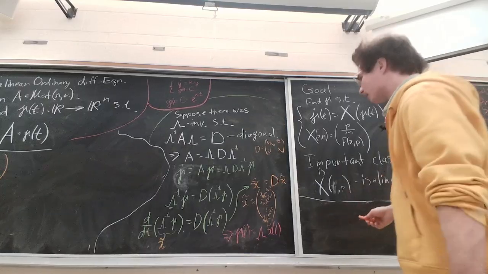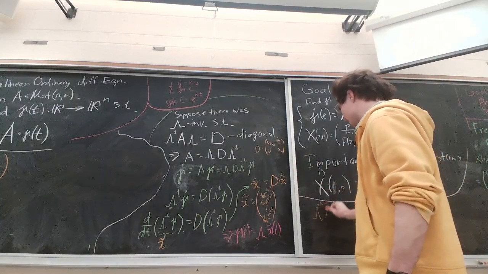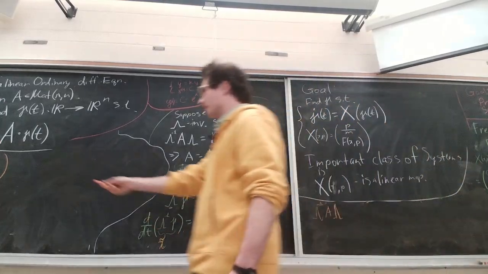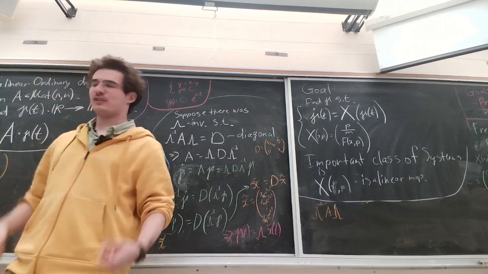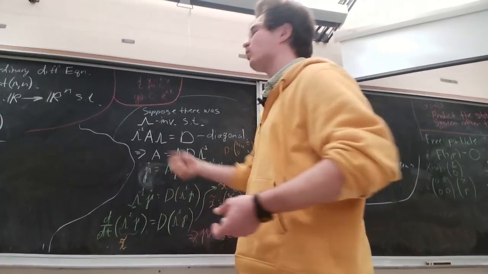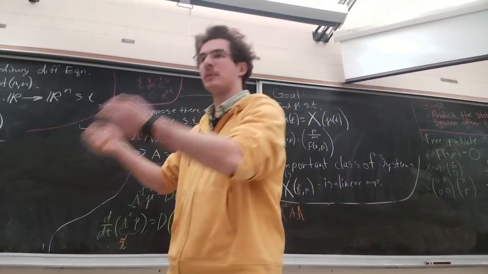So D has to be lambda inverse A lambda. Pardon? The top one? Yeah, I just told you that's the right lambda to use. Once again, later in the course you will learn how to find lambda on your own. Given A, you'll be able to find lambda.